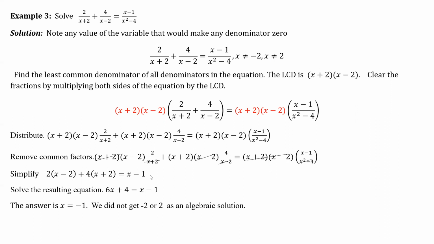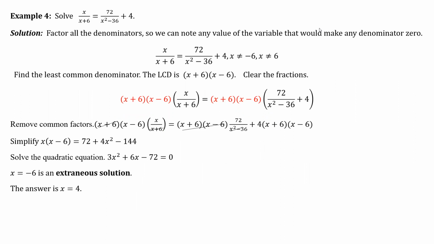So the solution of this linear equation is x equal to -1. We didn't get -2 and 2 as an algebraic solution, so the solution of this rational fractional equation is -1.